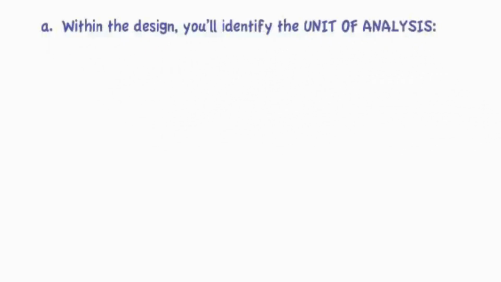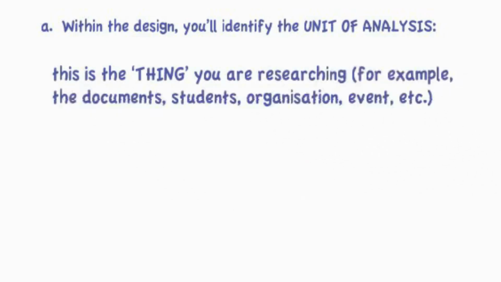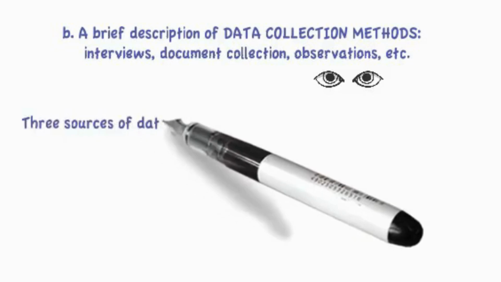So within the design, you would begin by identifying your unit of analysis. This is the thing that you'll be researching, the document, the students, the organization, the event, whatever it is. You would also describe the data collection methods, whether these would be interviews, documents, observations.